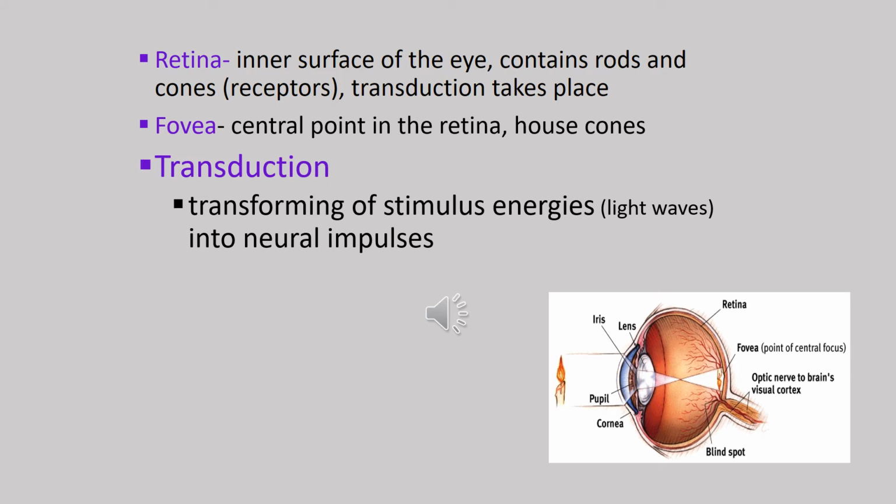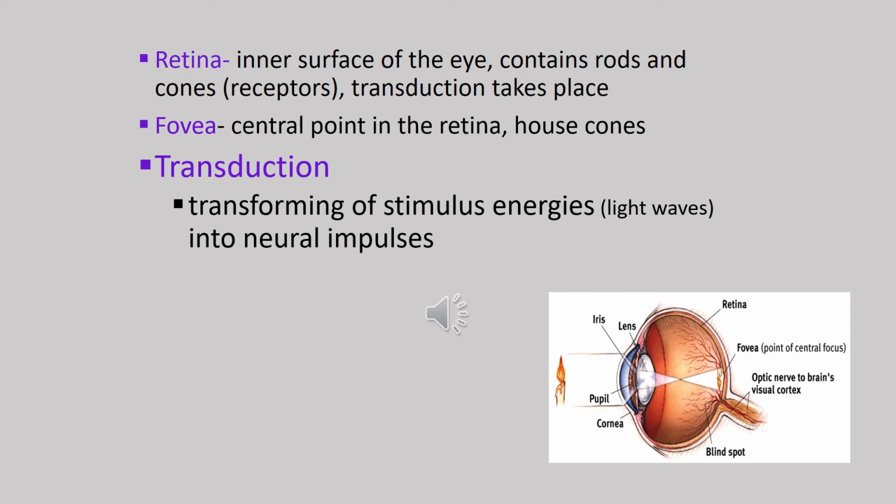As the light waves pass through the pupil, they're cast onto the lens. Again, the lens will change shape depending on the angle that the light wave comes in, the process known as accommodation, in order to cast that image onto the inner surface of the eye, which is called the retina. The retina contains photoreceptors, rods, and cones, which we will talk about here in a moment.